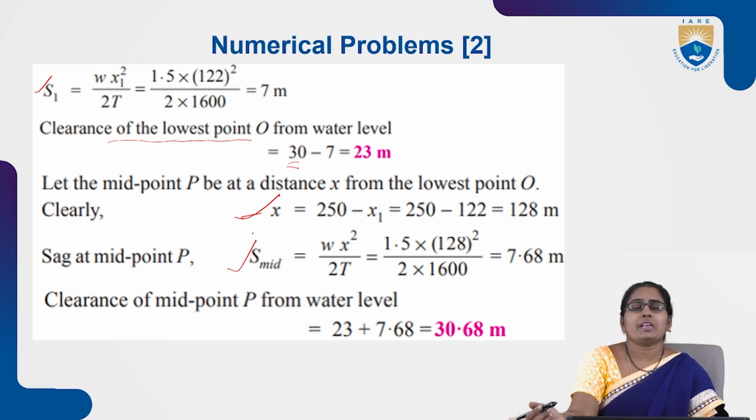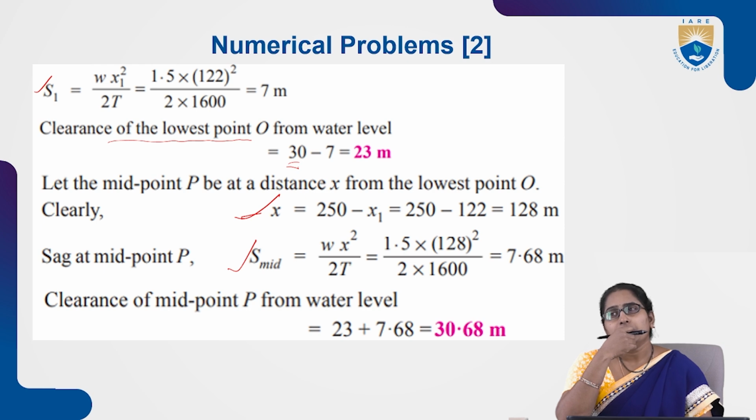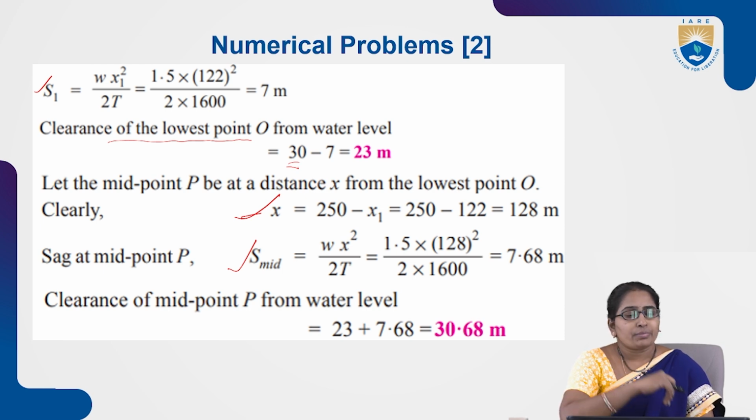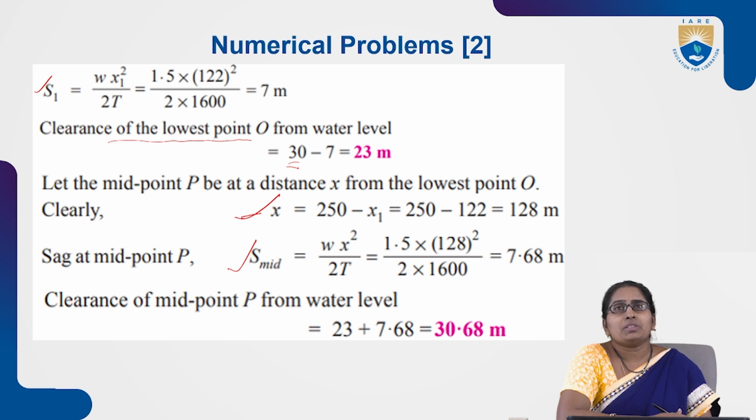That is denoted S mid, at the midpoint. So again W x squared by 2T. That basic formula is fixed. The W and T values are fixed, only the x value, 128, is substituted, which gives 7.68. This is the sag value at the midpoint.